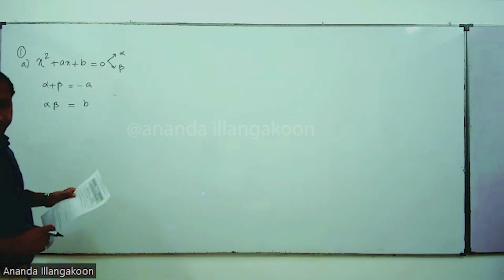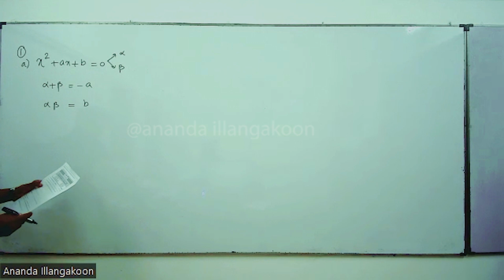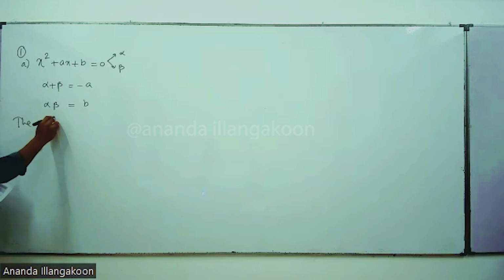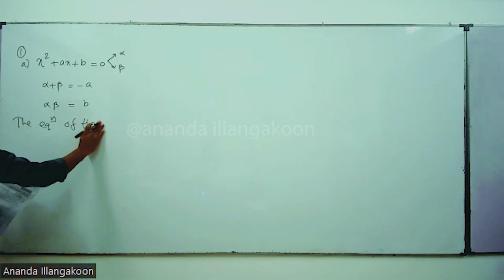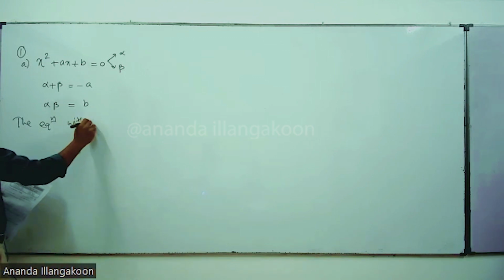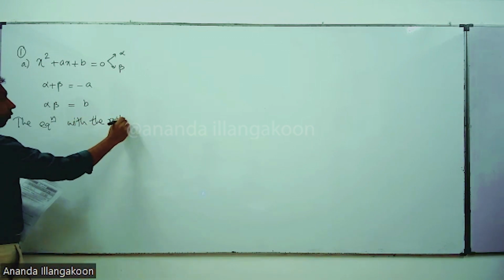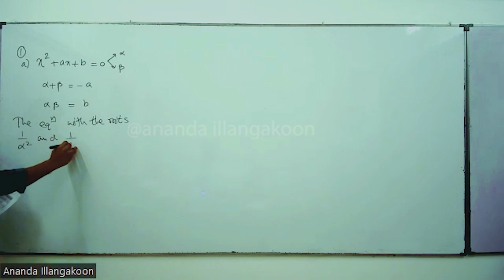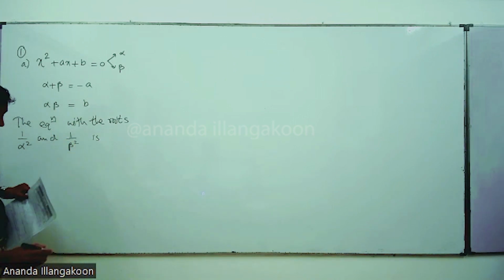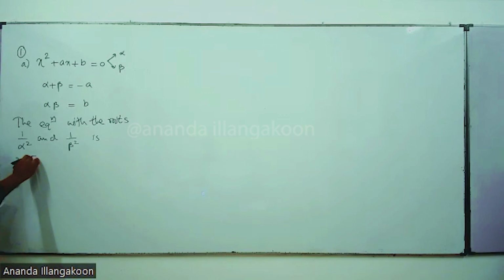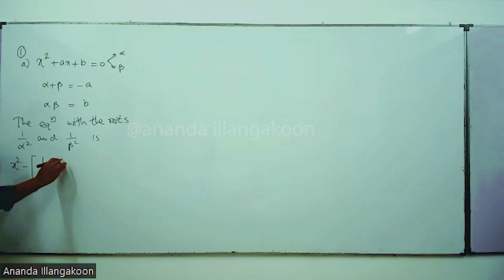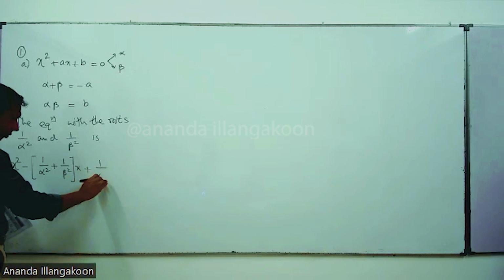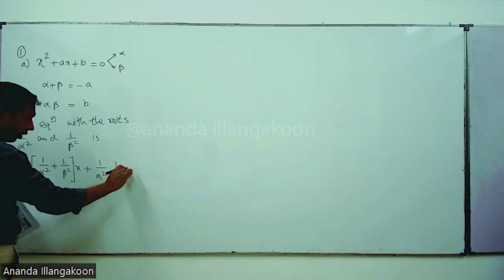So with these as the roots, we can write the equation with the roots 1 upon alpha squared and 1 upon beta squared as x squared minus sum of the roots times x plus product of the roots, 1 upon alpha squared into 1 upon beta squared, equals 0.